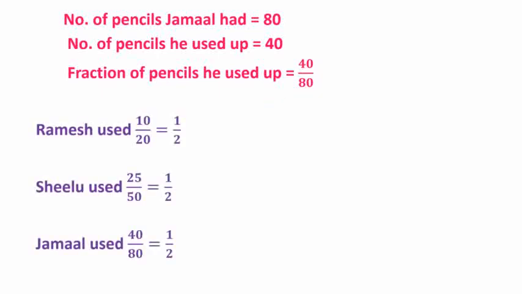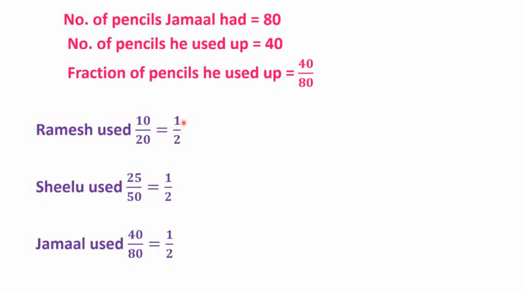So children, you can see here Ramesh used 10 by 20, that is equal to half of the total pencils he had. Okay, then again Shilu used 25 by 50, which is again half of the total. So we have reduced and written half, and again you can see here Jamal had 40 by 80. So again out of the total he used up half, so we have written half.